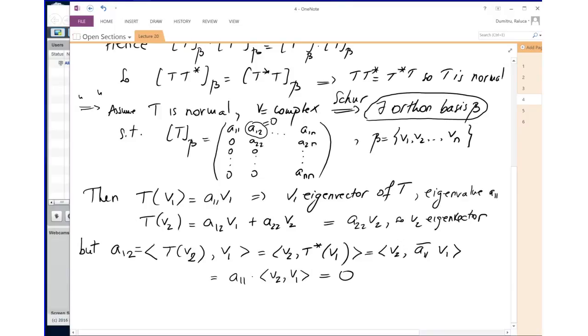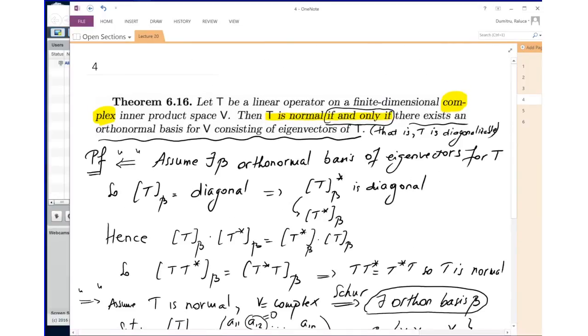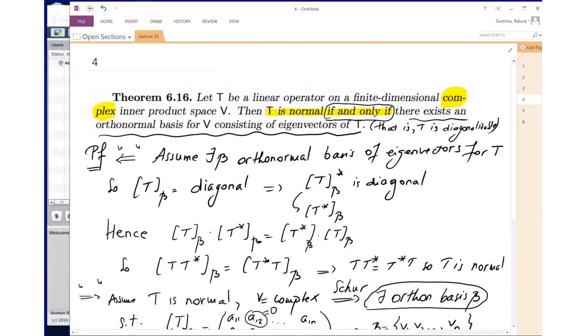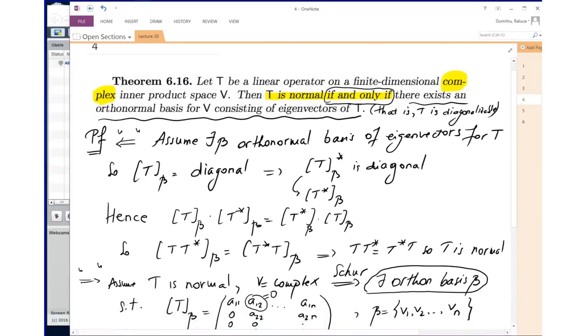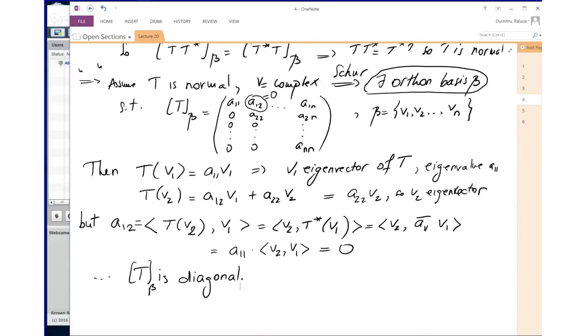And we'll keep going with the same idea until we fill out the entire matrix and it turns into a diagonal matrix. And that's exactly what we wanted, right? We wanted to show that there exists an orthonormal basis of V consisting of eigenvectors of T. The eigenvectors will be V1 through Vn, and those entries on the diagonal will be the eigenvalues.